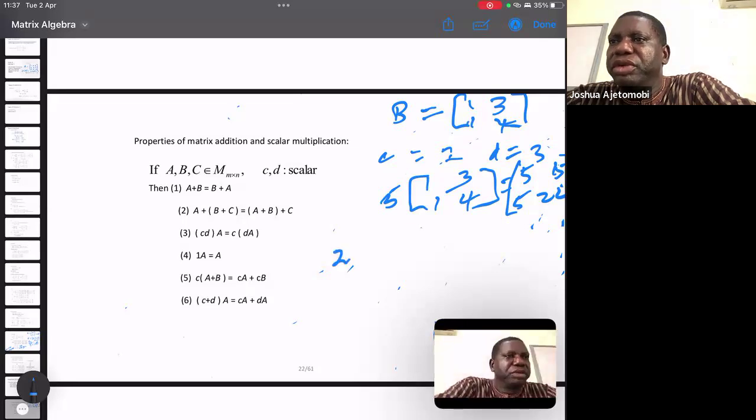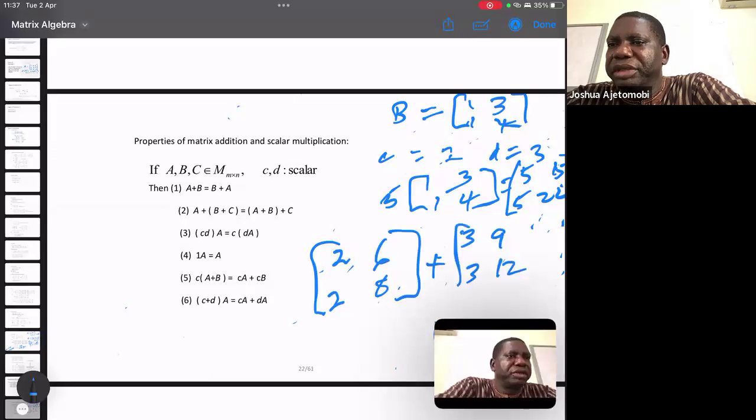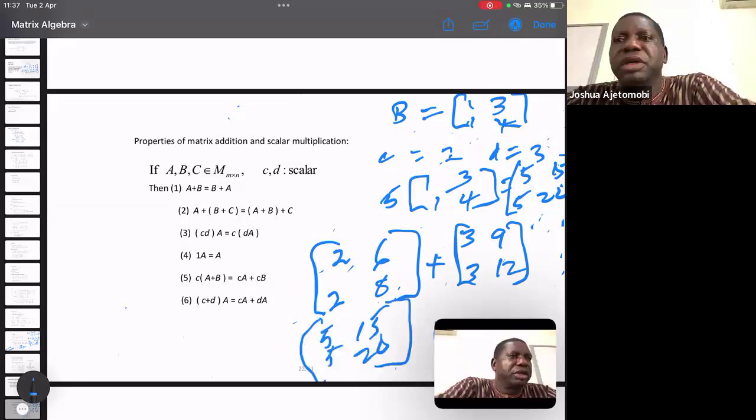That would be 2, 6, 2, 8, plus multiplying it by 3. That would be 3, 9, 3, 12. And if you add it together again, you get your 5, 15, 5, 20. Compared to this, same thing. So this is what we are saying.